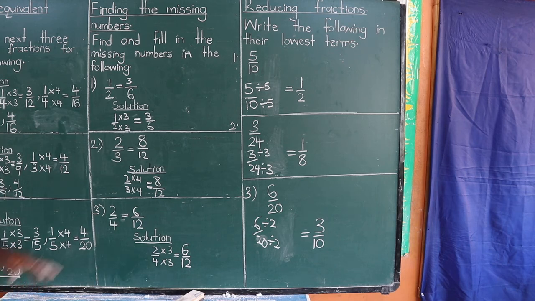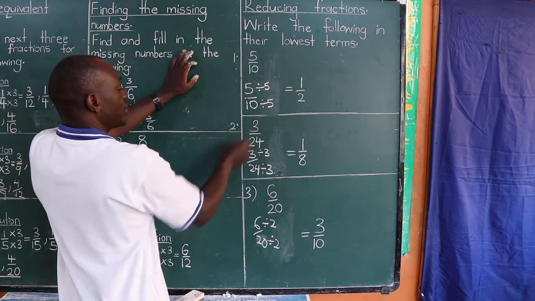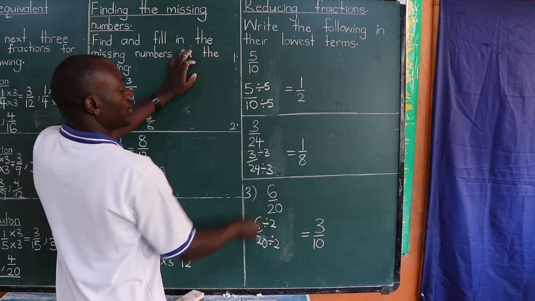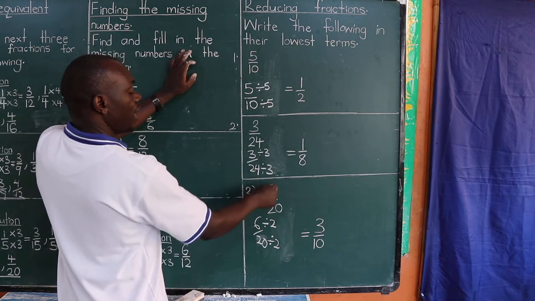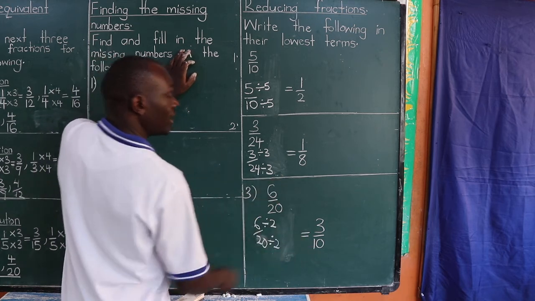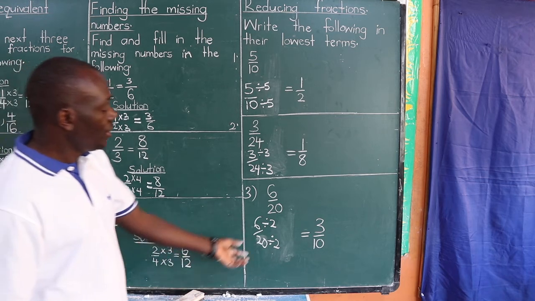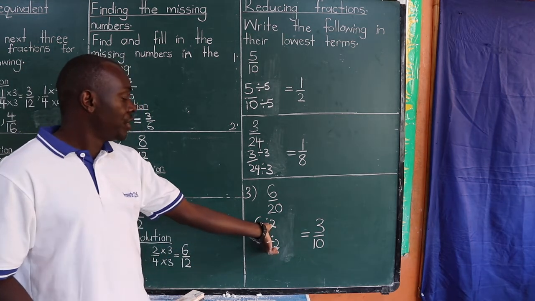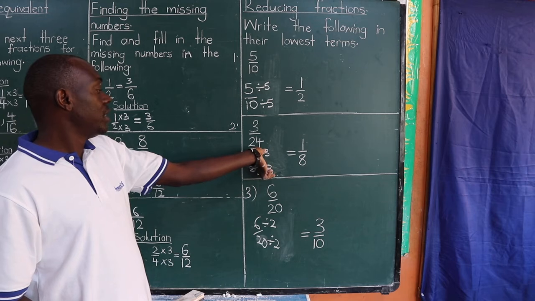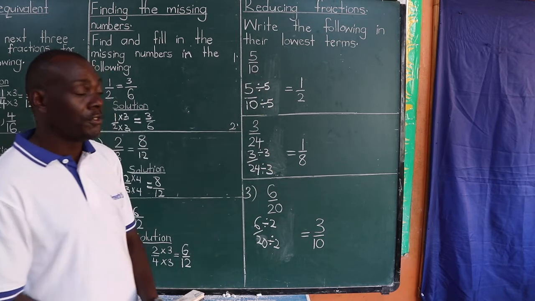So you saw at first we just cancelled, where you just cancel, say 3 by 3, 1, 24 by 3, you get 8. 6 divided by 2, you get a 3, and 20 divided by 2, you get 10. But here at our level, that's P4, we show what we are dividing by directly, but it should be a common number. Here, they are commonly divisible by 2. Here, they are commonly divisible by 3, and here, commonly, we divide by 5.